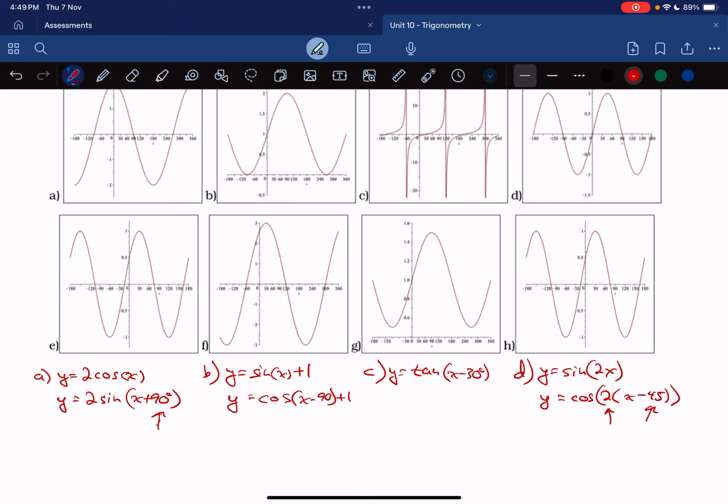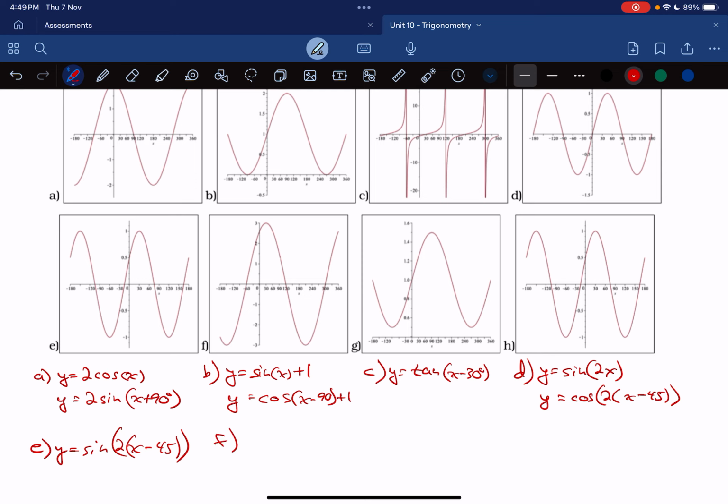However, because of this 2, that is going to affect what is in our parentheses there. Alrighty then, for part E, I wrote y is equal to sine 2 parentheses x minus 45.